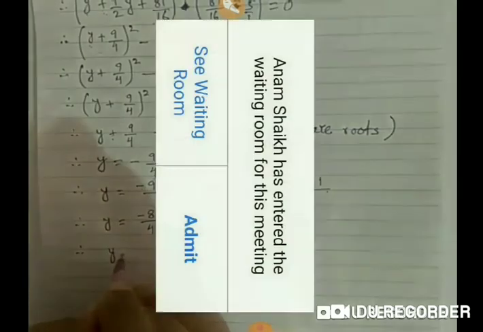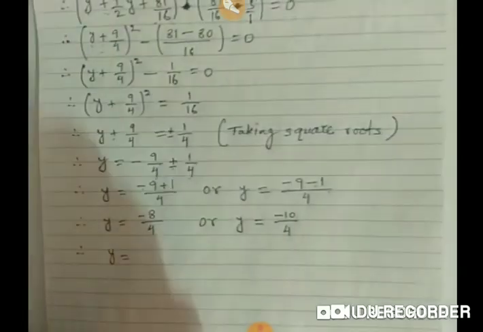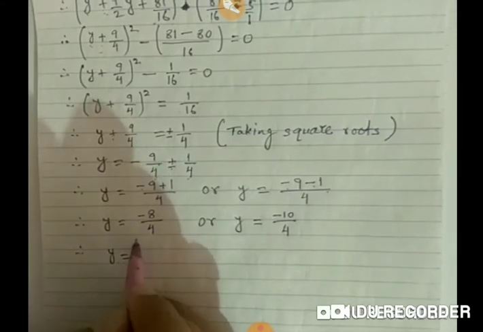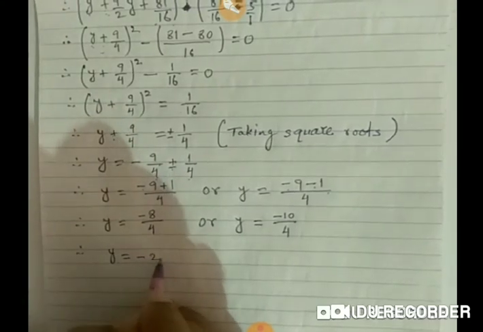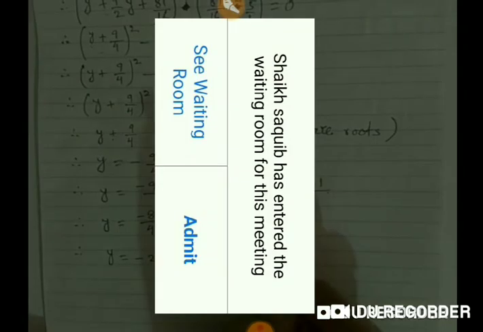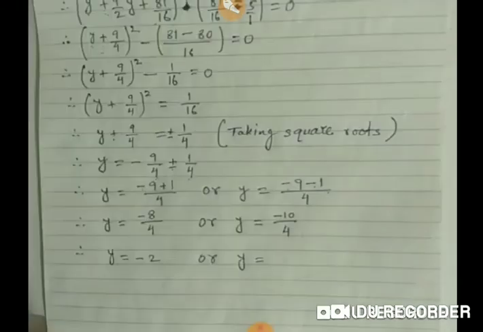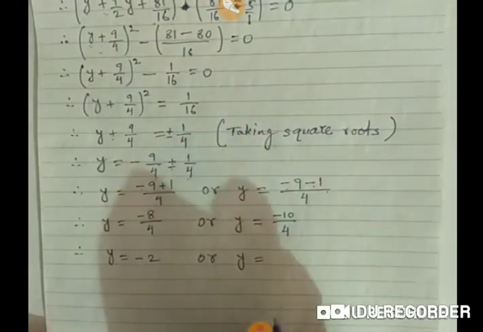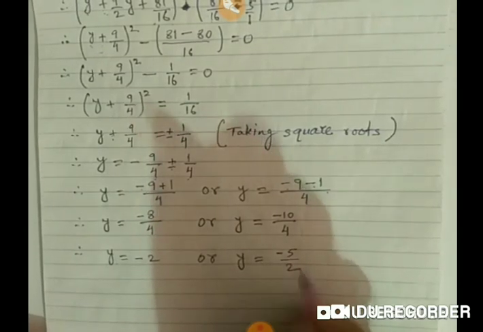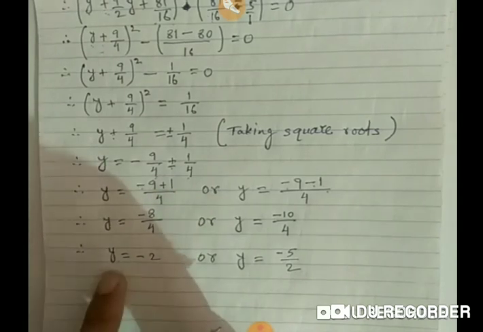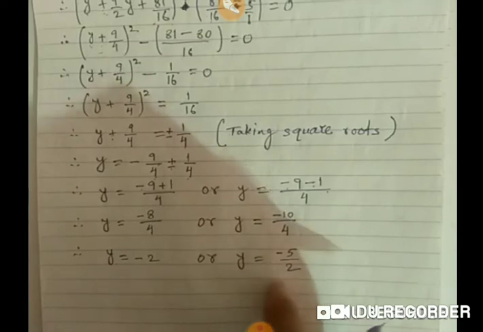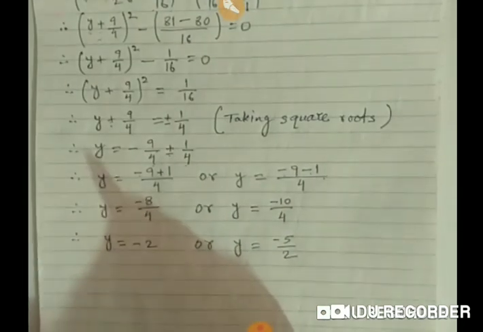This 8 can be divided by 4, so 4 2s are 8, minus 2. Or for the other, numerator and denominator both can be divided by 2, so minus 5 by 2. This is your final answer. y is minus 2 or y is minus 5 by 2. So these are two roots of the given quadratic equation.